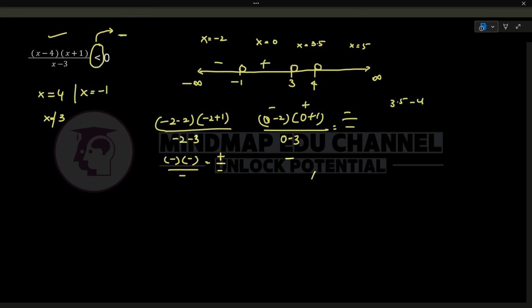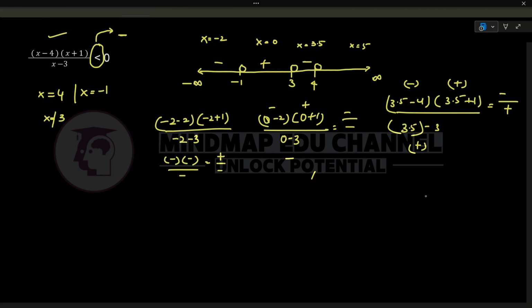Let's substitute 3.5 now. 3.5 minus 4, 3.5 plus 1 over 3.5 minus 3. So here it will be minus, here plus, and here plus. In the numerator we have negative, in the denominator positive, so negative over positive is negative.